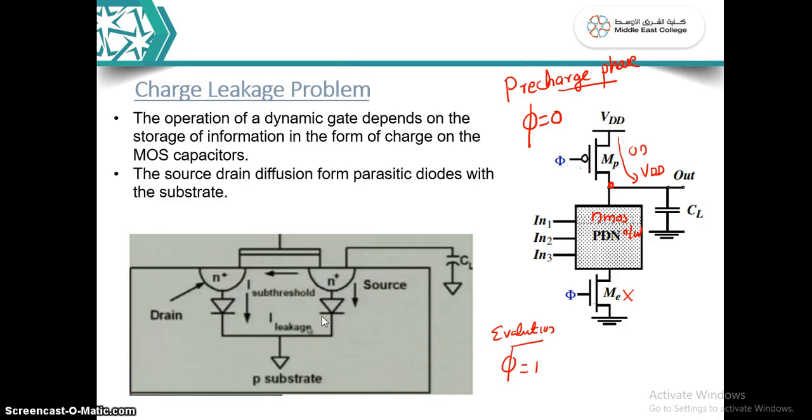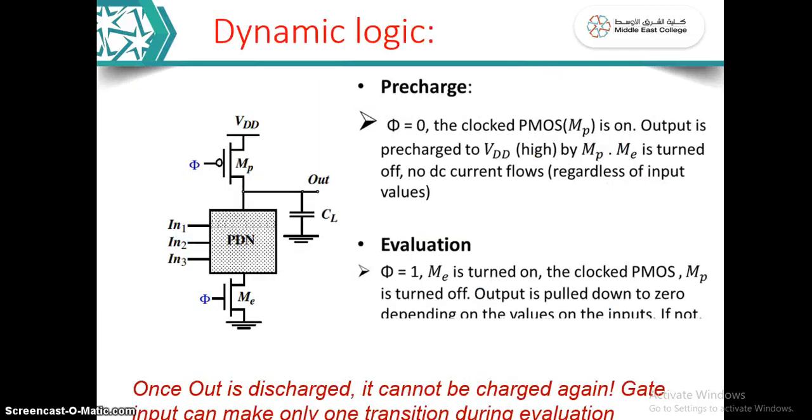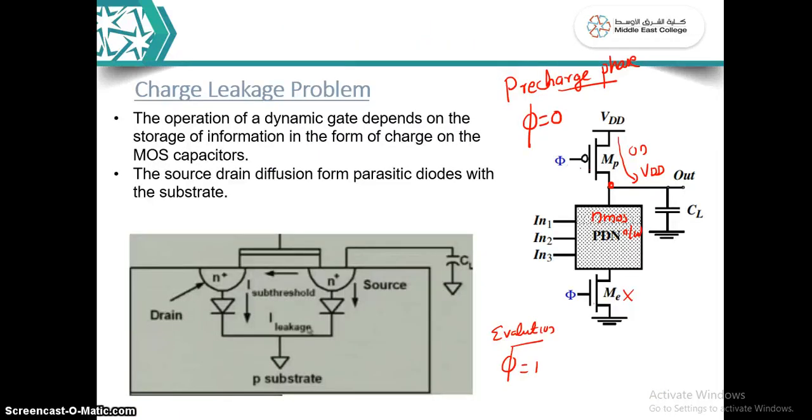We know that reverse bias current is normally small, but for a long duration, this current may not be small. So that means this capacitor will discharge, and the output voltage level will be degrading. Then when you cascade another stage to this, even though this output was high, the next stage will interpret it as a low level.